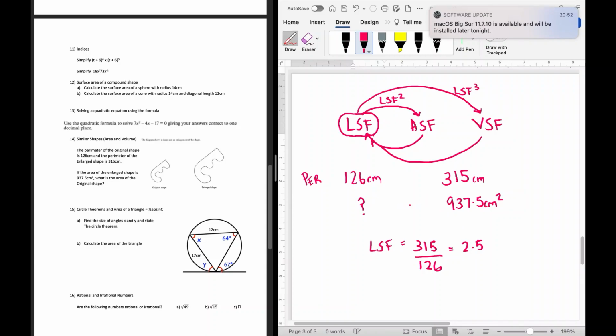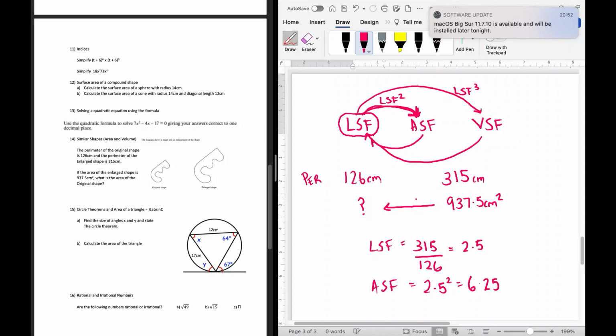But this question is about area, so we're going to need an area scale factor. If you look at my picture here, to go from length scale factor to area scale factor, we've got to square that 2.5. Use your calculator, that's 6.25, I believe.